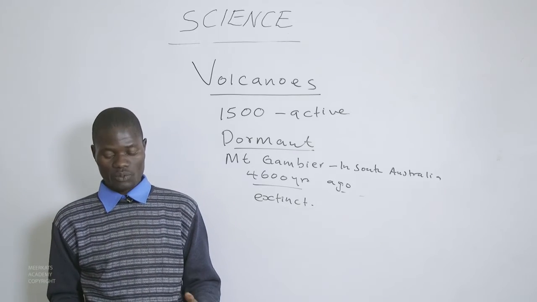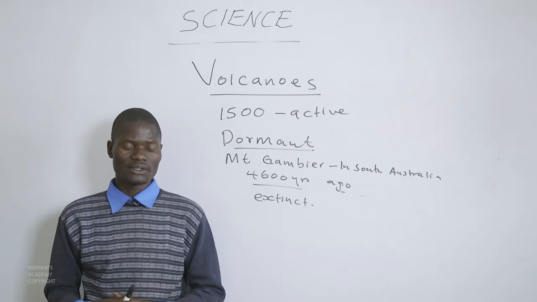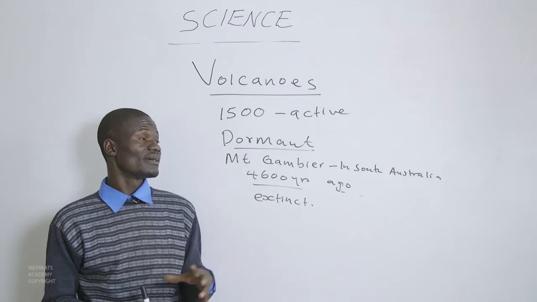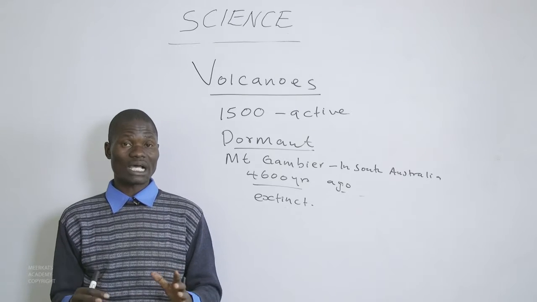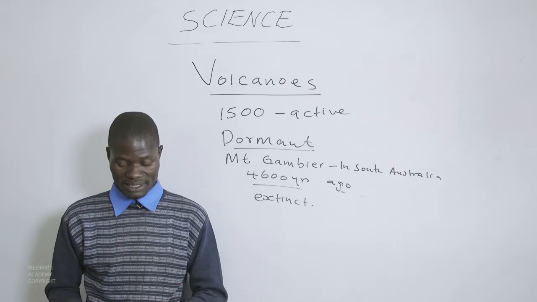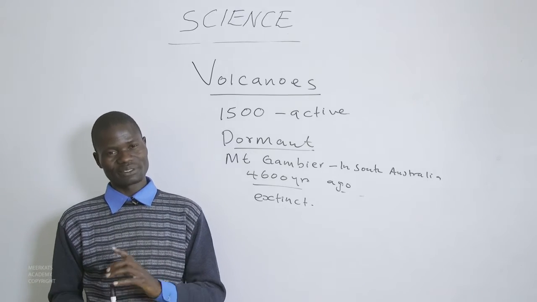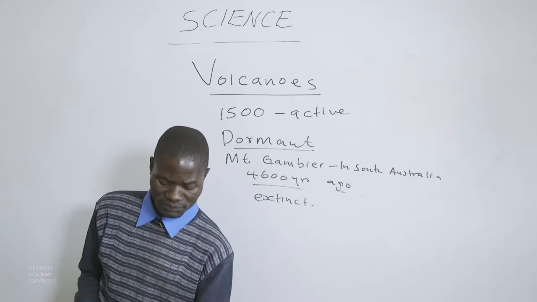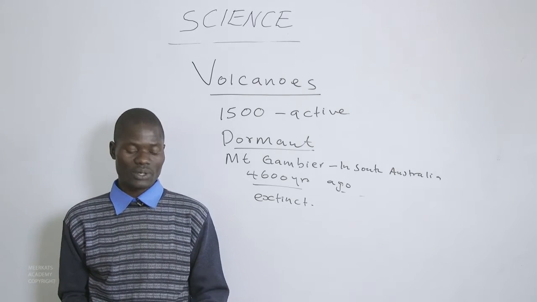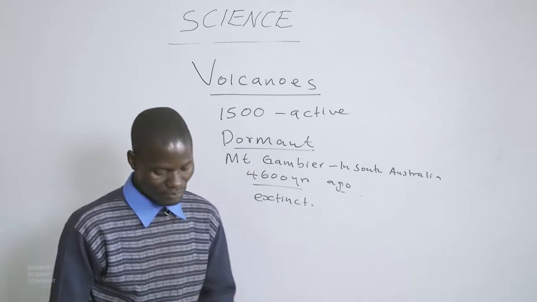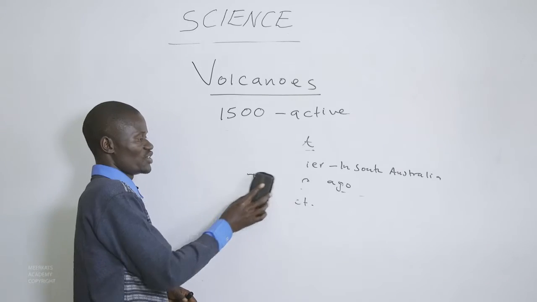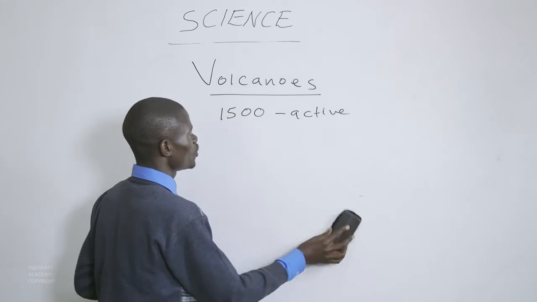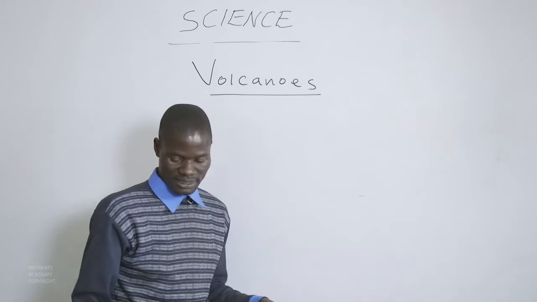And therefore, when we are able to understand various volcanoes globally, in the world, then we will be able to learn how to manage them. Now, most of these volcanoes, where do they occur? They occur at the edges of the plate tectonics.